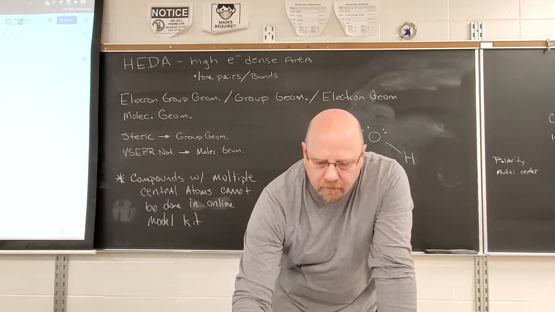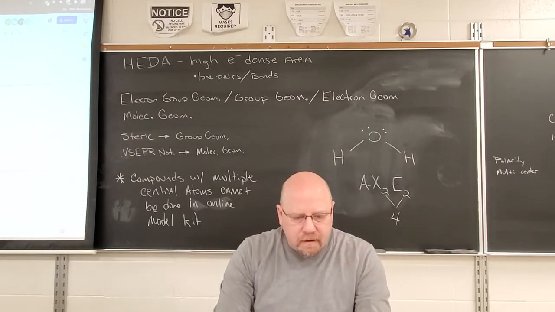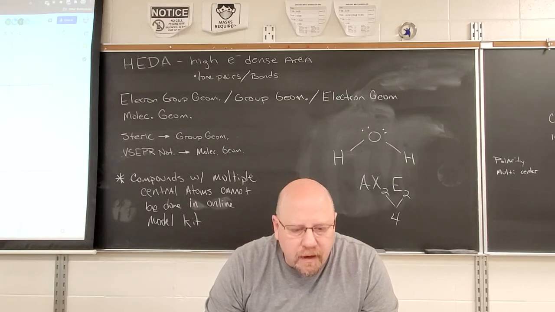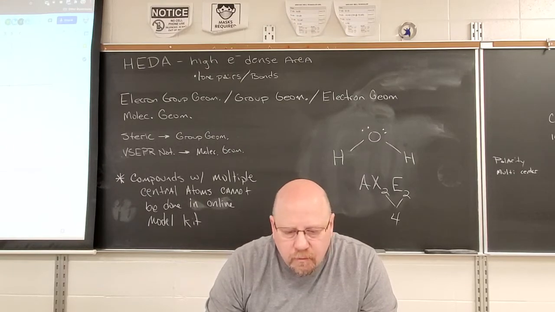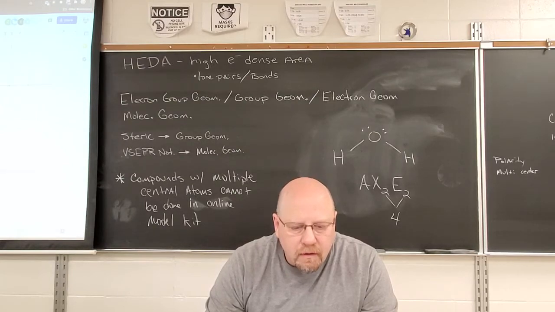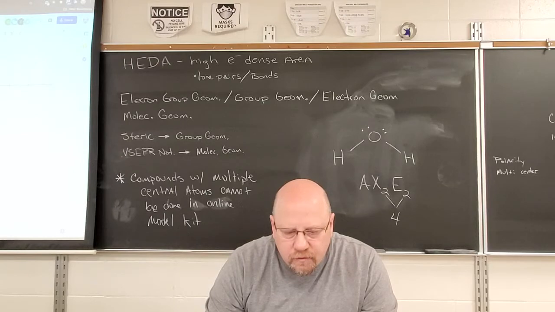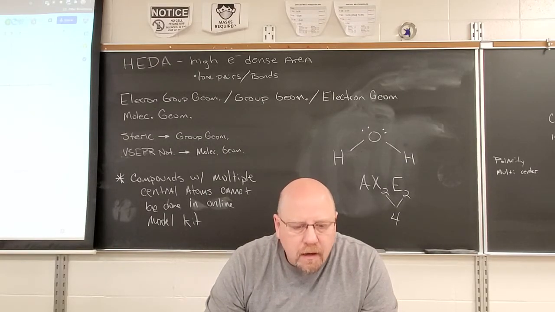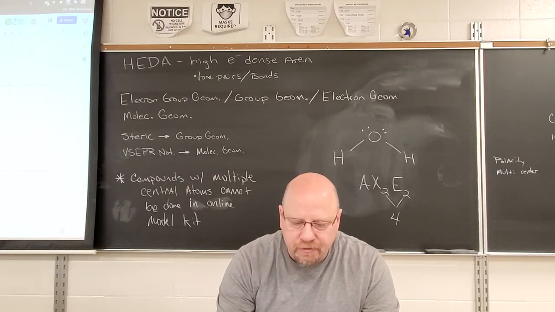Oh, you know what? Okay, I need to do this real quick. Format, text, subscript. Nope, not superscript. So this compound, and there's a couple of others if you keep scrolling down, would actually have multiple central atoms.